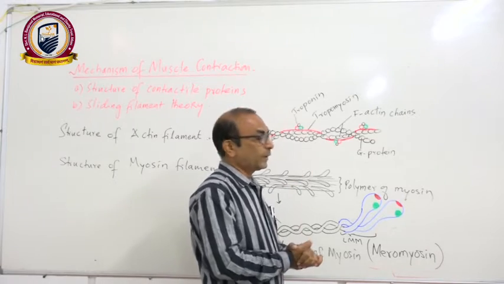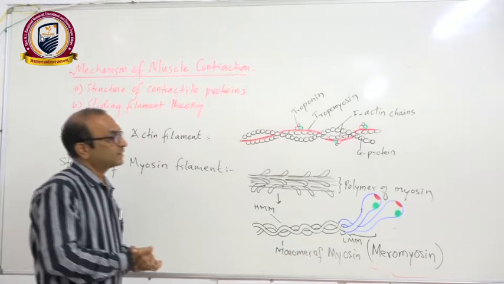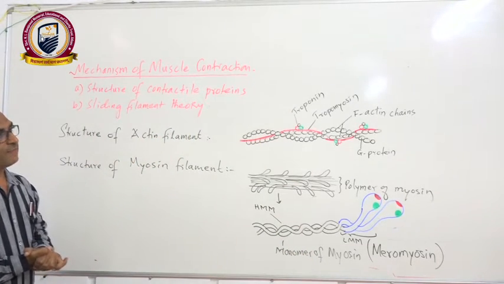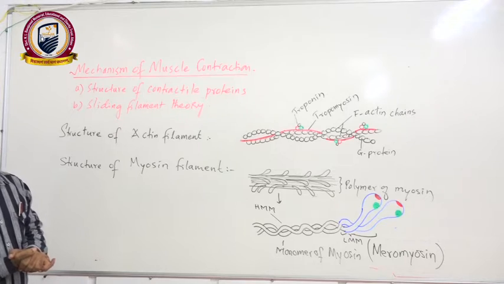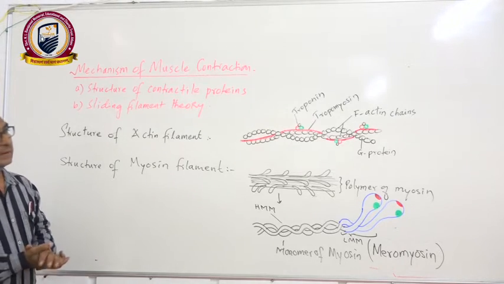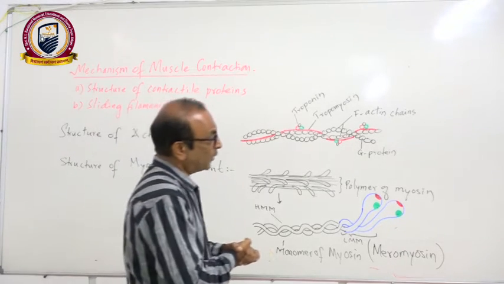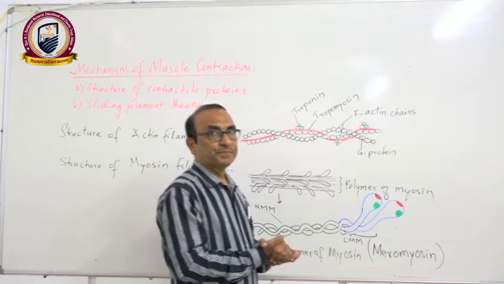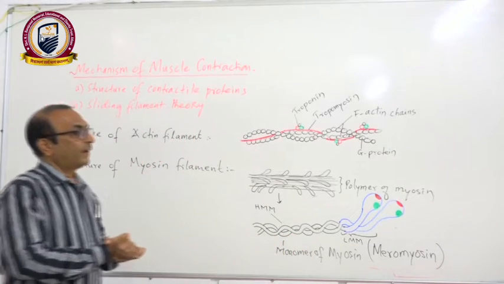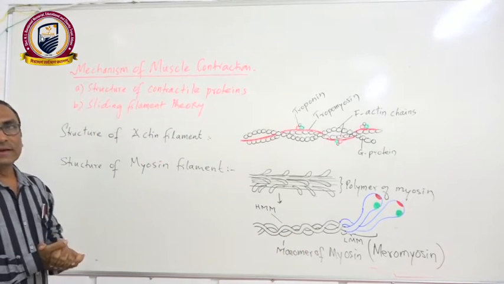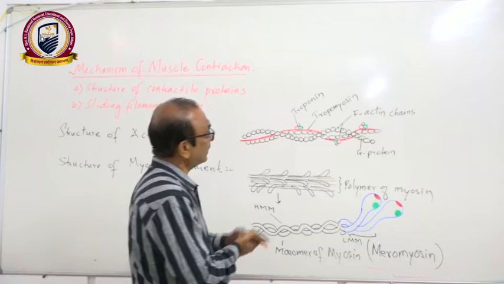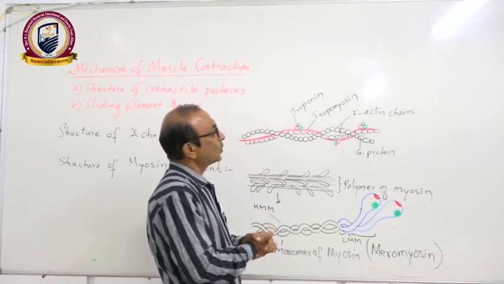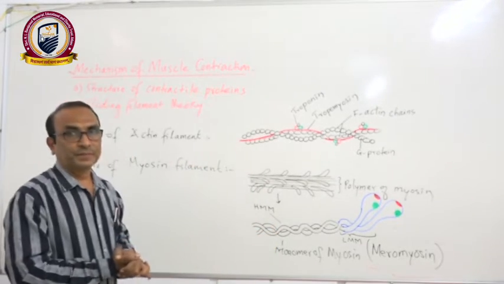Each G protein in the F-actin chain has a myosin binding site.